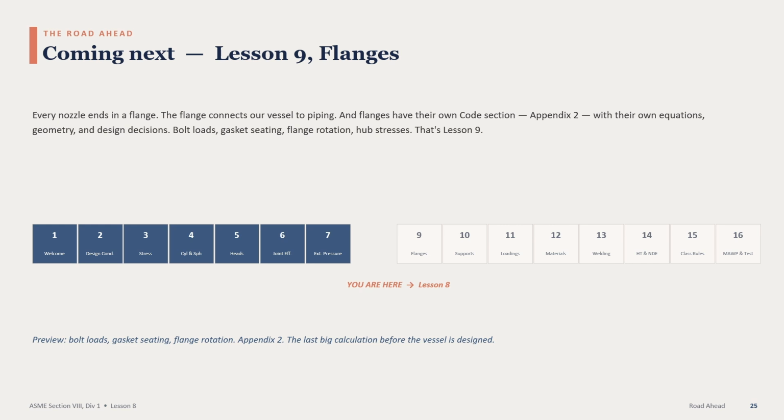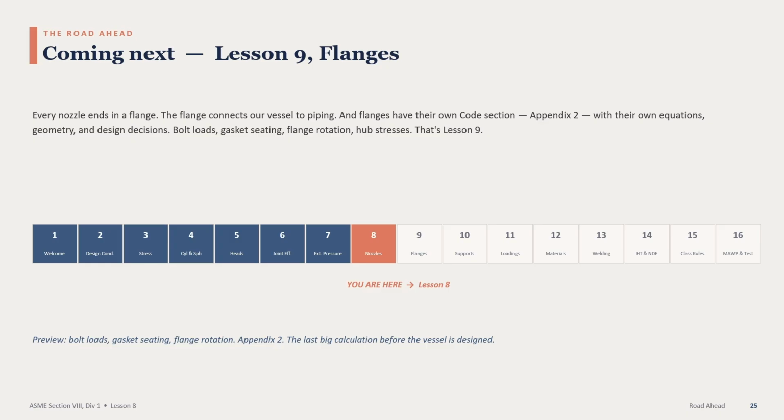Quick look at the road ahead. You are here. Lesson 8. Lessons 1 through 7 are behind us. 8 lessons remaining. In lesson 9, flanges. Every nozzle we design today ends in a flange somewhere. That flange connects the vessel to piping.